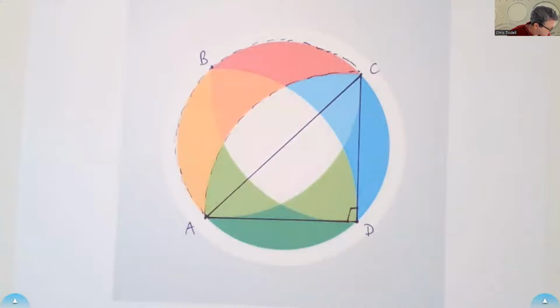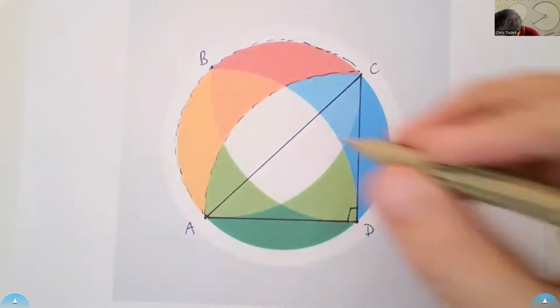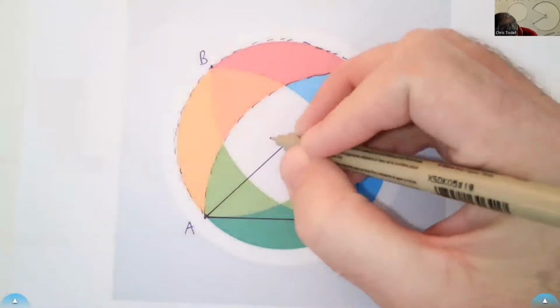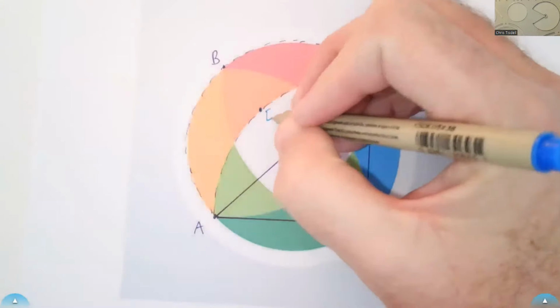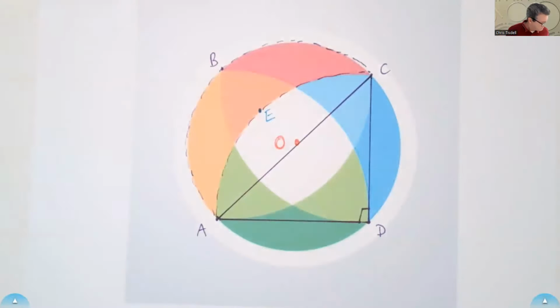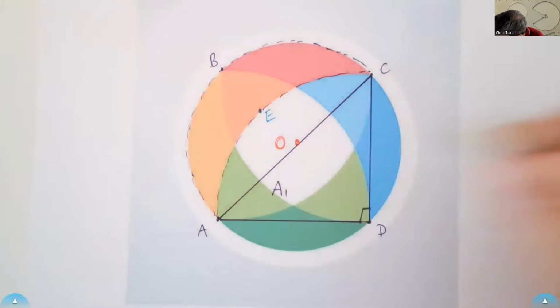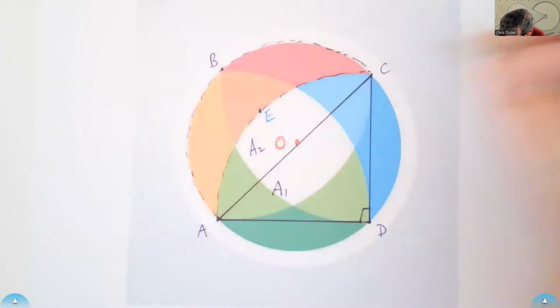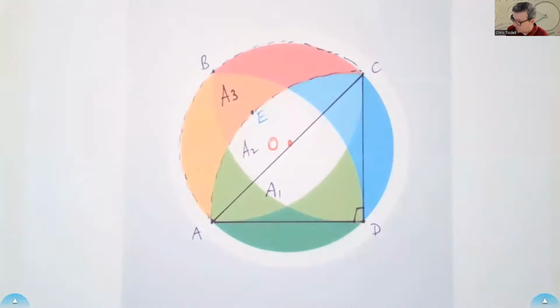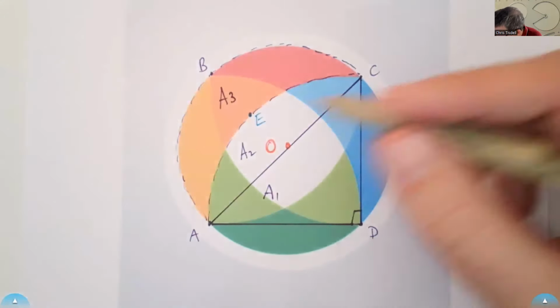So today I thought I'd show you that connection. Okay, so let me introduce a bit more notation. Let's let the center of the circle be, say, O. And I'll just put another sort of arbitrary point on this arc, say E. Okay, so the main approach here is to let the area of the triangle be A1, the area of this sector be A2, and the area of the lune be A3.